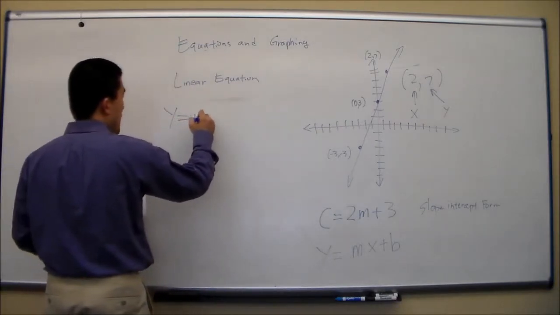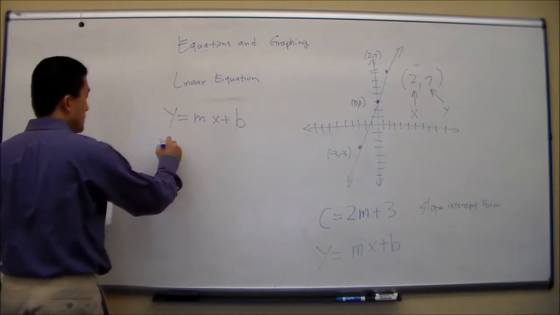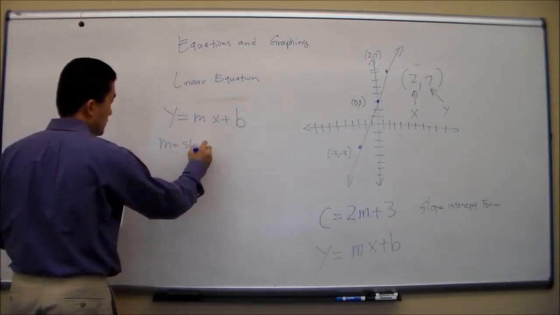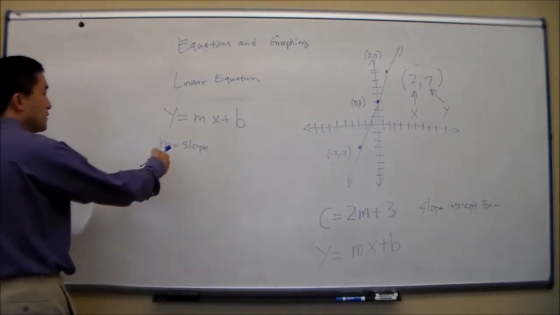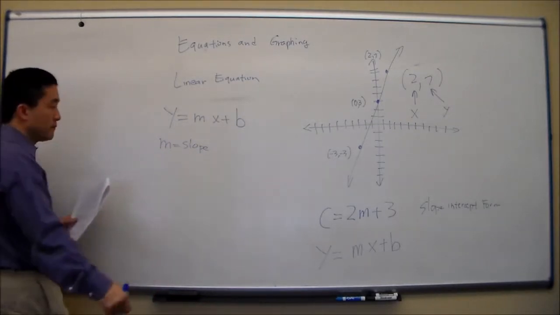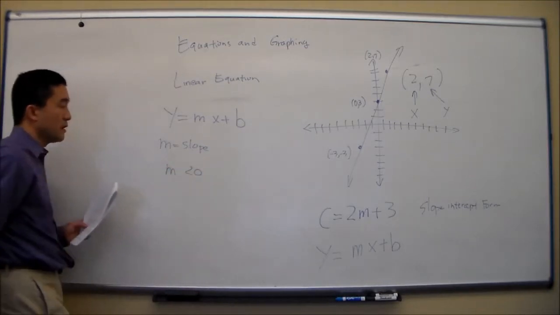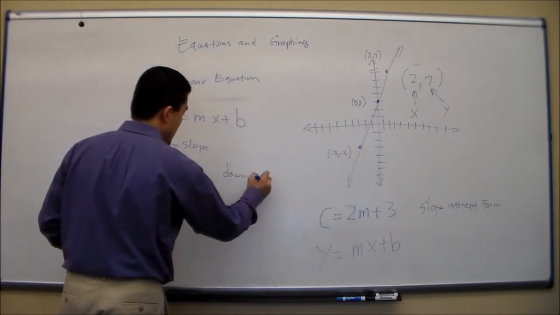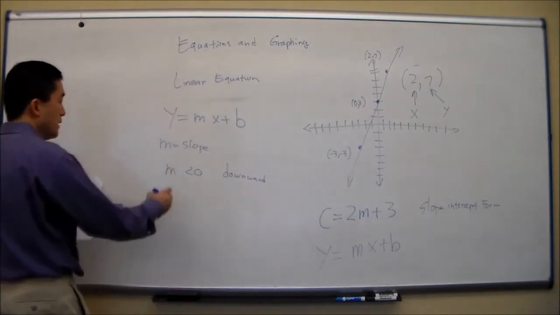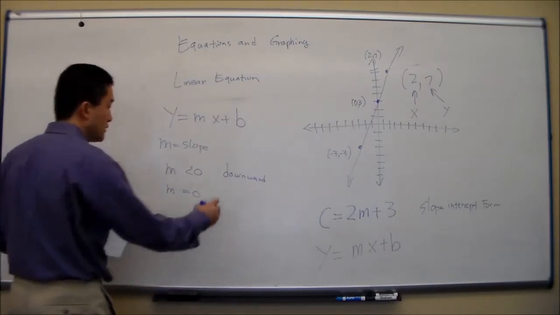So what's this mx plus b business? Well, m stands for the slope. Why not s? I don't know. But m has 3 characteristics. Say m is less than 0. That means the slope is downward. If m is equal to 0, that means it's horizontal.